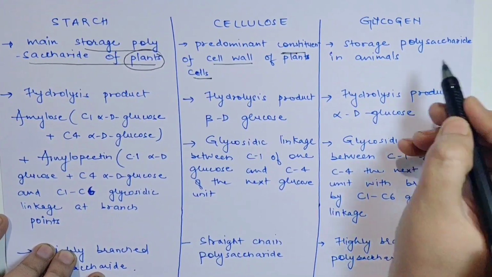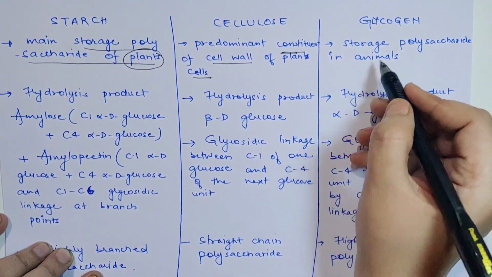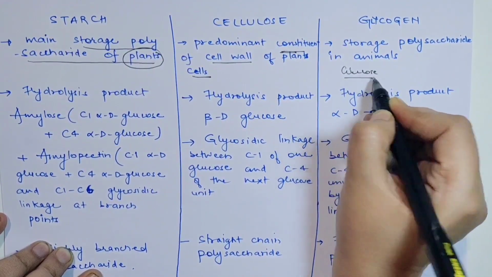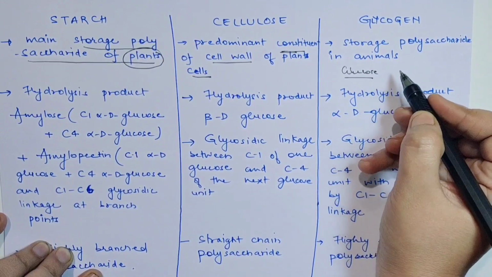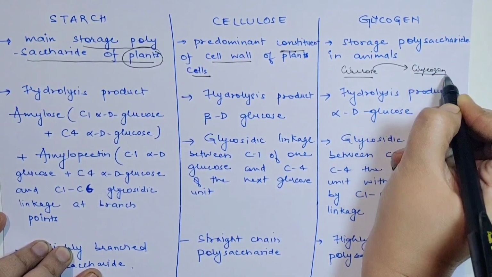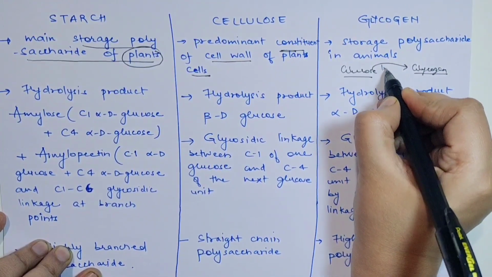Glycogen, if you know even a little bit of biology, you would know this: the food that we eat is broken down into glucose, and that glucose is stored as glycogen. And this job is performed by insulin.